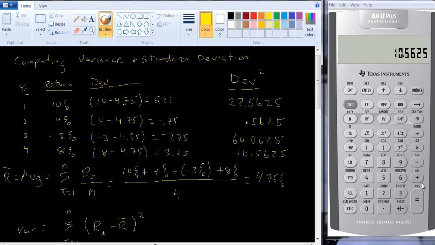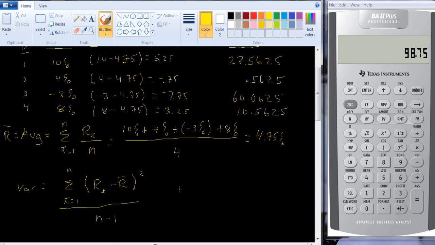So I'm going to add this plus this, 60.0625 plus 0.5625 plus 27.5625, and that's going to equal 98.75.